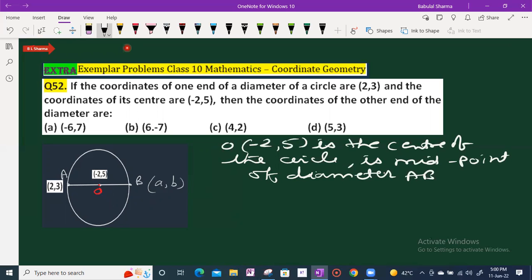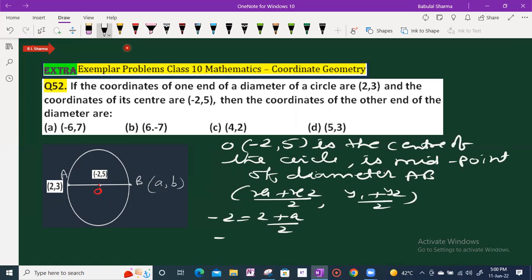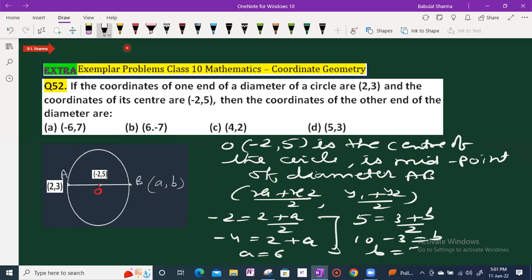So using the midpoint formula, (x1 plus x2) by 2, (y1 plus y2) by 2, we can say -2 means the x coordinate will be (2 plus a) by 2, that is -4 is equal to 2 plus a, so a is equal to -6. And the y coordinate will be 5 is equal to (3 plus b) by 2. So 10 minus 3 is equal to b. b is equal to 7.